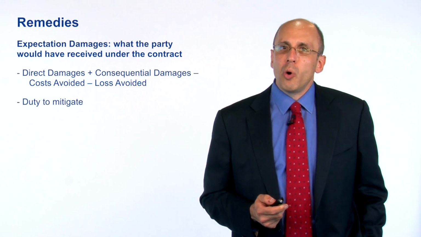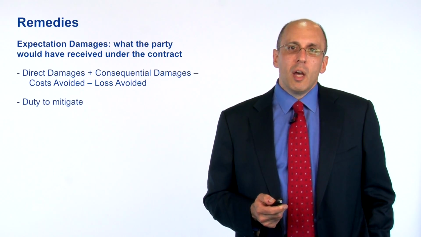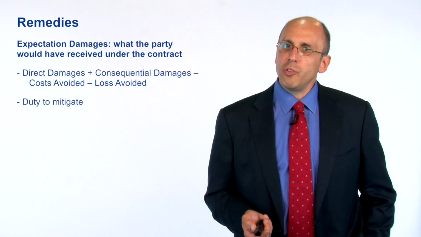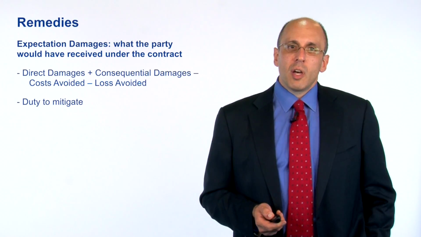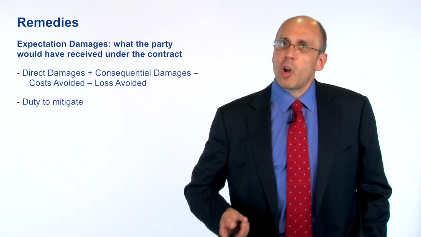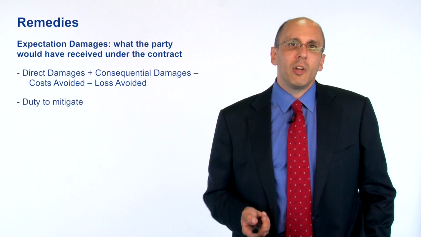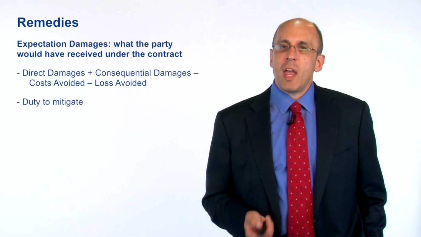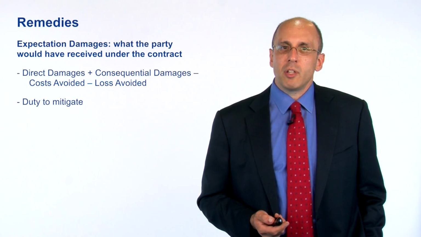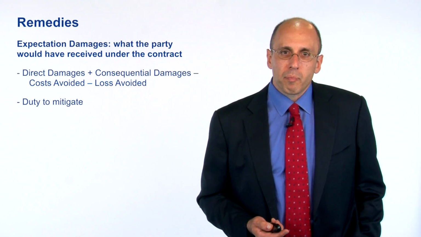And then also there could be direct costs that I had as a result, and I have to mitigate those costs. I have to try to make those costs as little as possible, but there may nevertheless be some additional costs that I might have.